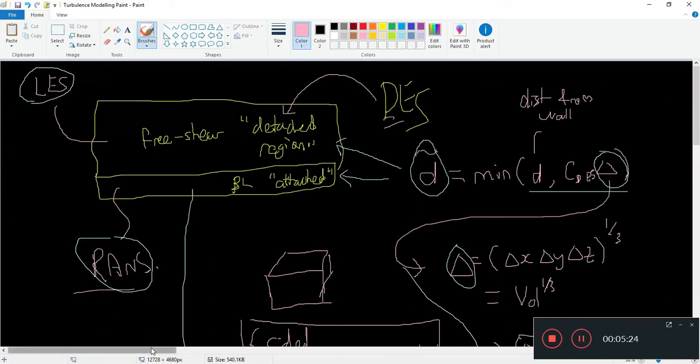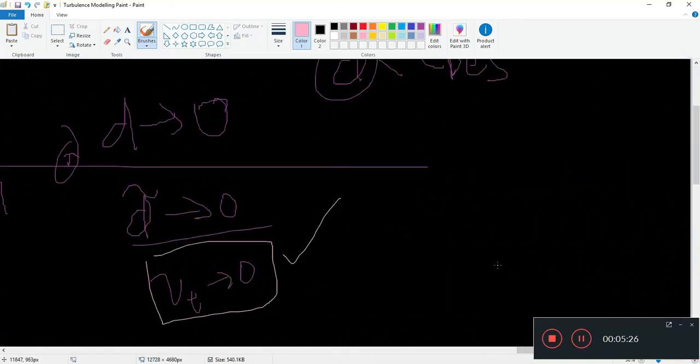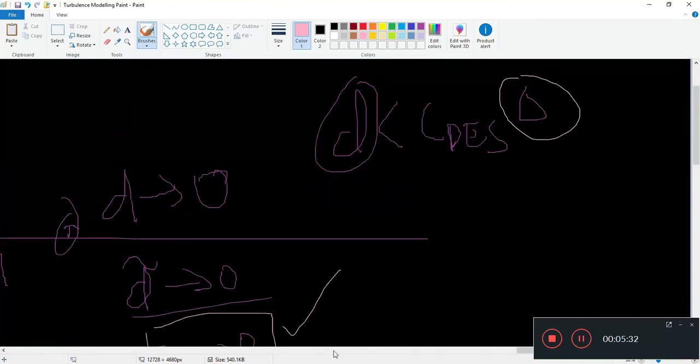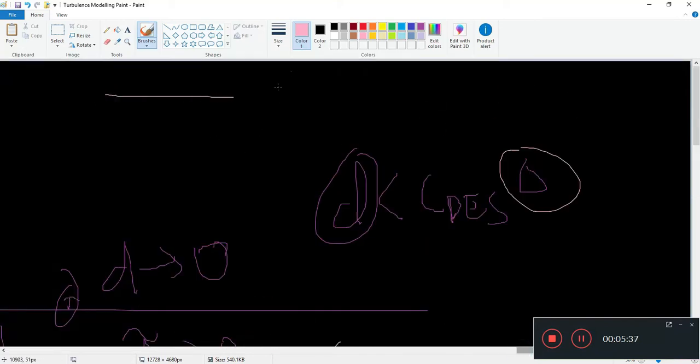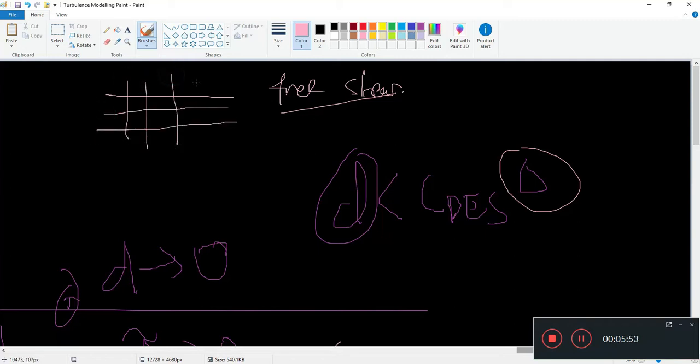Now the other problem with this is, let's say you refine the grid in your free shear region, so you make your delta small.